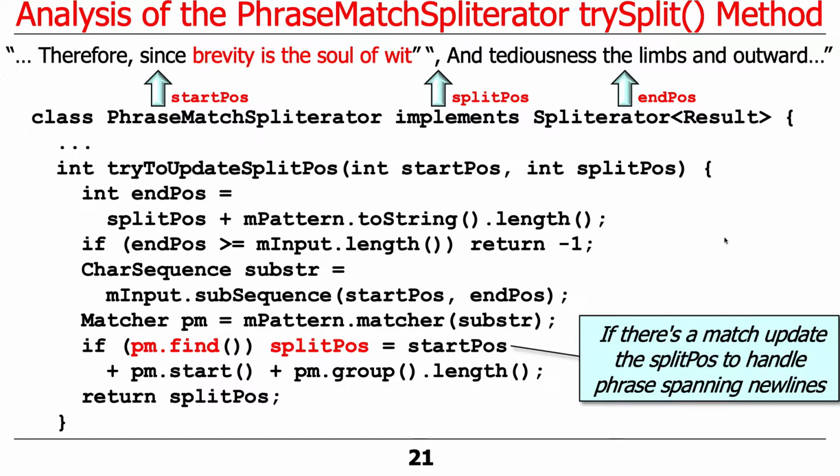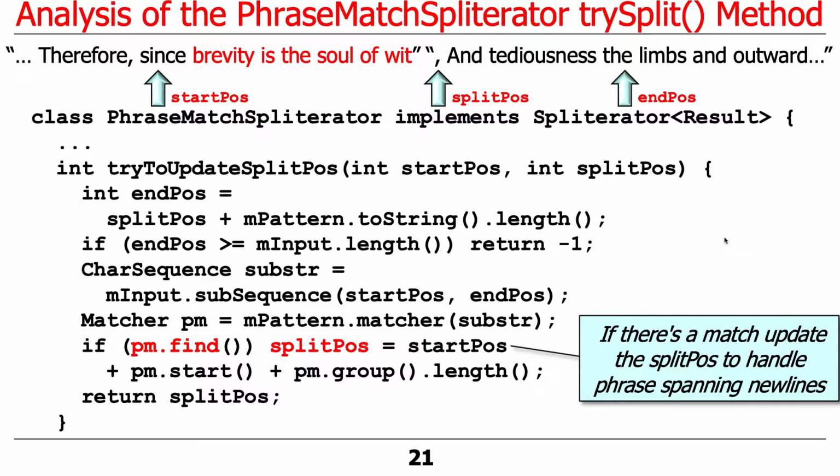And if we find the phrase in this region, then we know we need to adjust the split position because we would have ended up with a phrase that was split across the chunks. So if we find the regular expression there, we're going to recompute the split position to be start position plus the pattern matching start position plus the length of what matched.